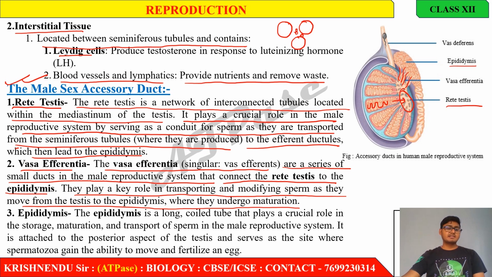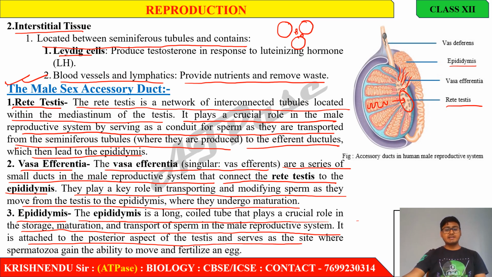The next accessory duct is the epididymis. The epididymis is a long coiled tube that plays a crucial role in the storage, maturation, and transport of sperm in the male reproductive system. It is attached to the posterior aspect of the testis and serves as the site where spermatozoa gain the ability to move and fertilize an egg.